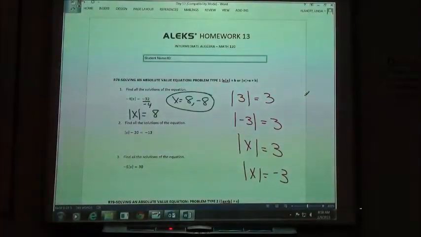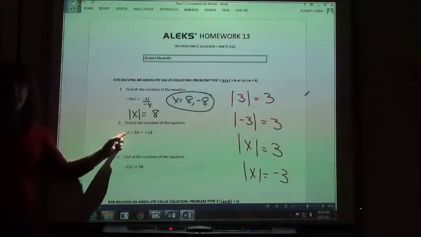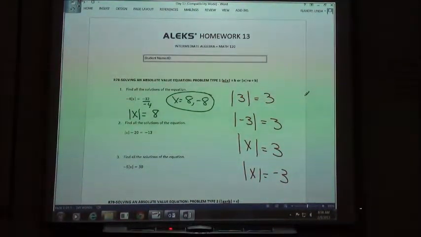So on number 2, if we want to find the solutions of the absolute value of x minus 20 equals -13, to get the absolute value by itself, we're going to do what? Add our 20.